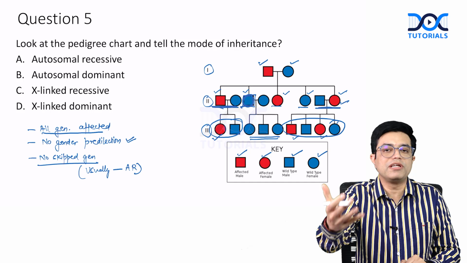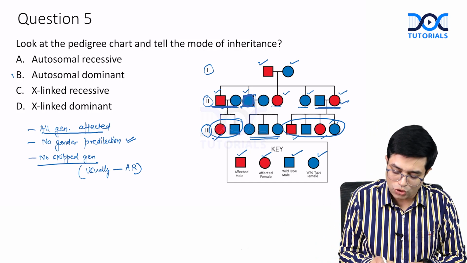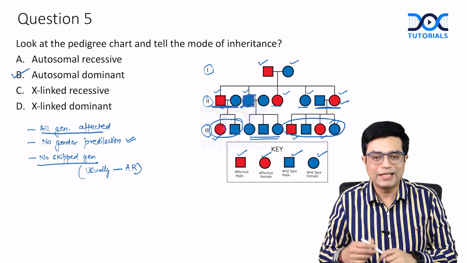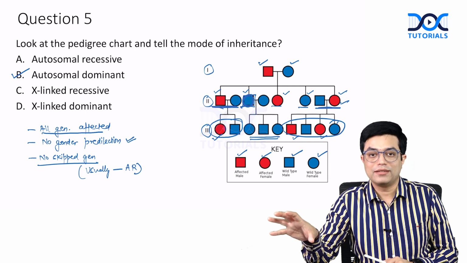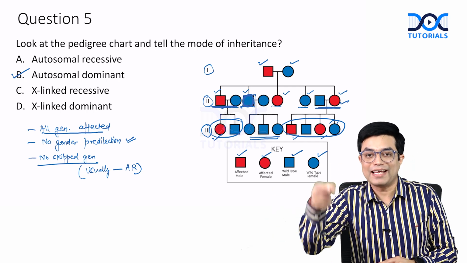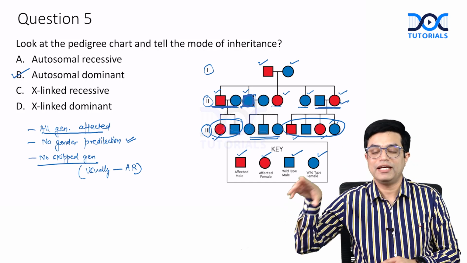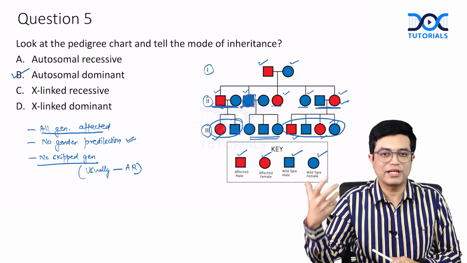So about 50% of offspring are affected in each generation. So this is an autosomal dominant condition, right? In case it is autosomal recessive, there will be skipped generations, and phenotypically normal parents can have diseased offspring. That will be autosomal recessive. If there is a gender predilection, then it will be X-linked dominant or X-linked recessive.